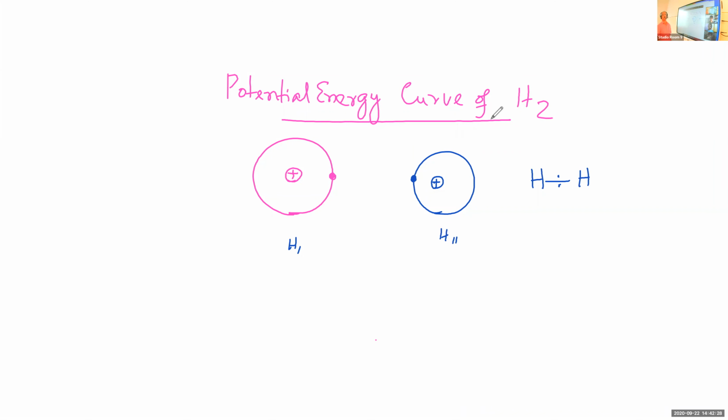what happens to the potential energy of the system? When the hydrogen atoms are coming closer, two types of forces are experienced there. One is the attractive force. The other is the repulsive force.